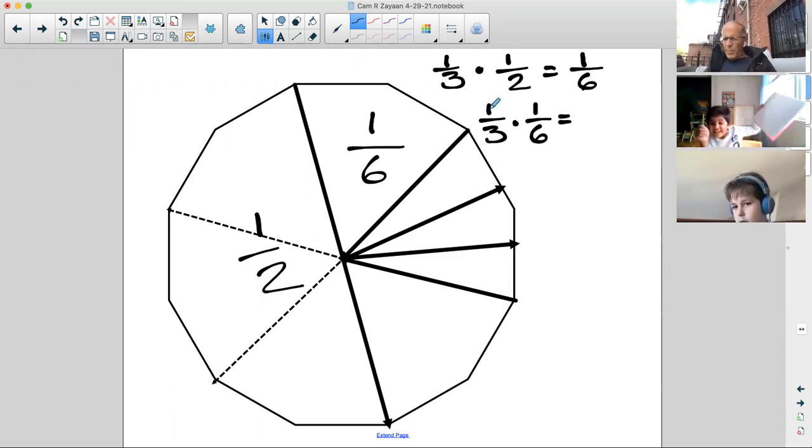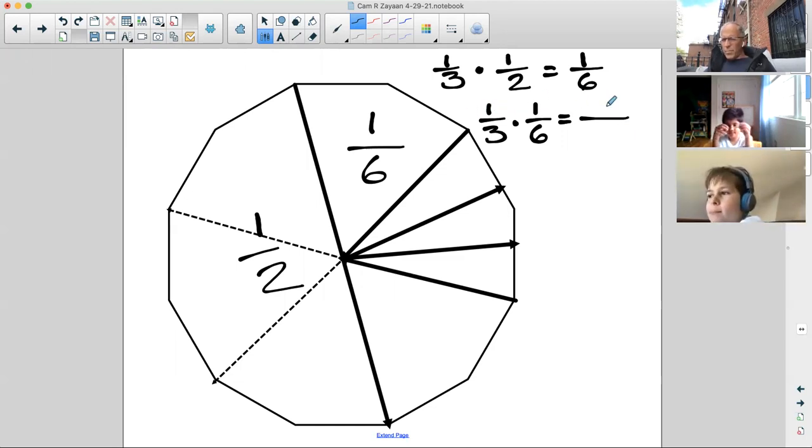Now, can you tell me what is 1/3 of 1/6? That's going to be this piece right here. That's a tricky one. Well, you just know 1 times 1 and 3 times 6. You already know 1 times 1. What is that? That's 1.